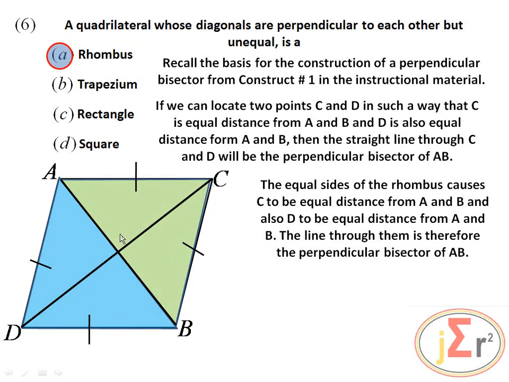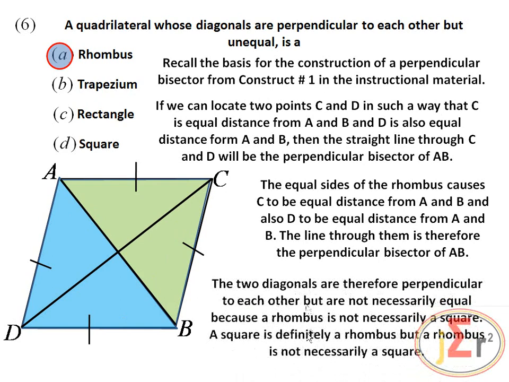So in a rhombus, the diagonals are always perpendicular to each other. The two diagonals are therefore perpendicular to each other but are not necessarily equal, because a rhombus is not necessarily a square. A square is definitely a rhombus, but a rhombus is not necessarily a square.